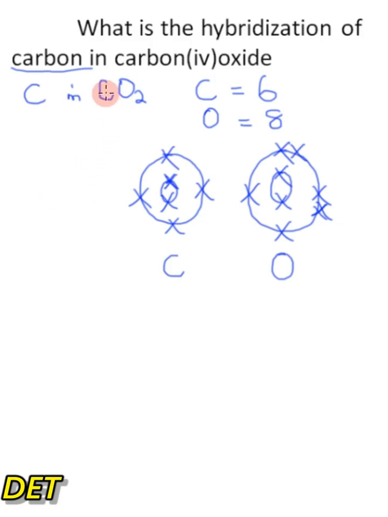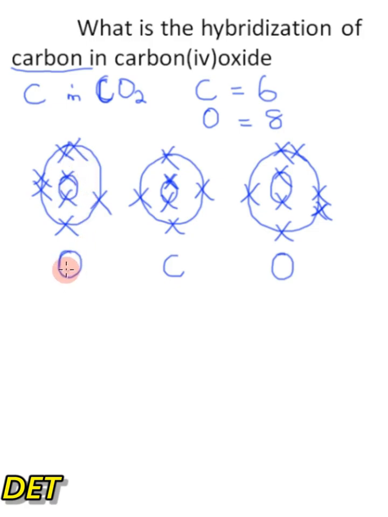We have to draw another oxygen atom because in carbon dioxide we have 2 oxygen atoms and 1 carbon atom. So this is another oxygen, with 1, 2, 3, 4, 5, 6, 7, 8, the 8 electrons in oxygen.